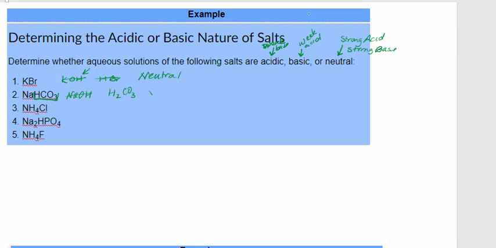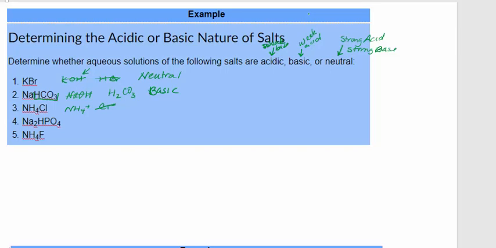Here we have ammonium and we have chloride. Well, the chloride is the conjugate base of a strong acid, hydrochloric acid, so I'm going to mark that out. The ammonium is the conjugate acid of a weak base, and because it's the conjugate acid of a weak base, this would be an acidic solution.